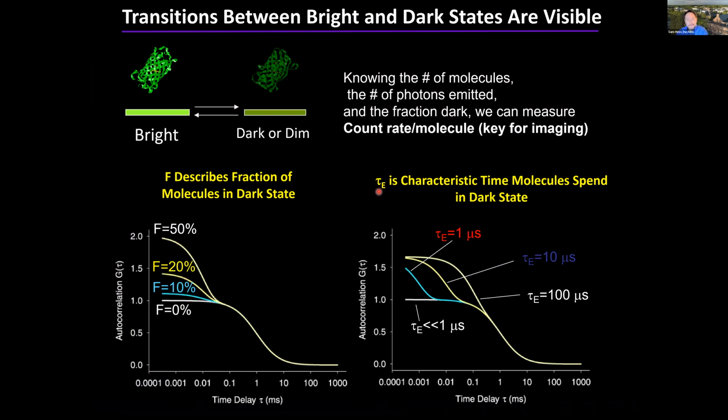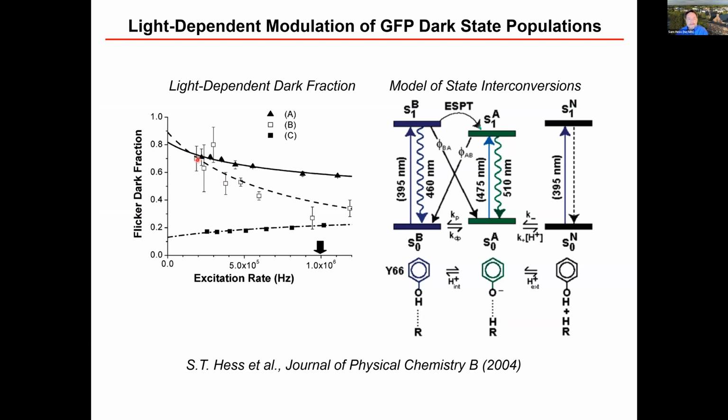With this technique, we were able to find that the populations of different states, neutral, anionic, and a second dark state, which is pH dependent, were strongly light dependent, and one could push the molecules out of one state and into a complementary state using different intensities of different wavelengths, 405 nanometers, for example, and 475 nanometers for the second wavelength.